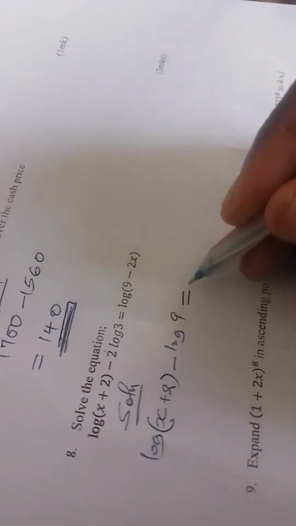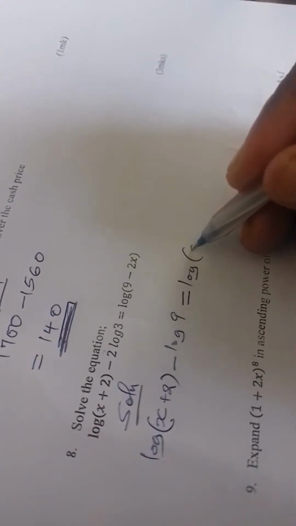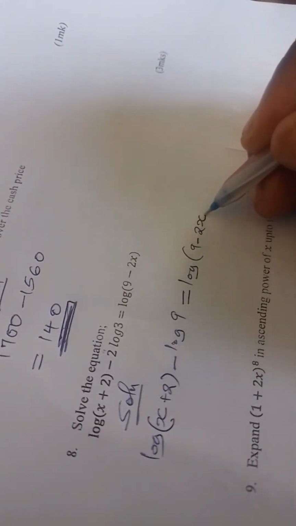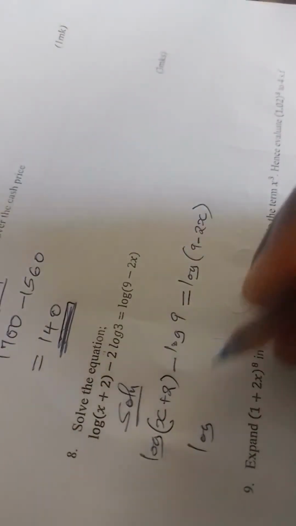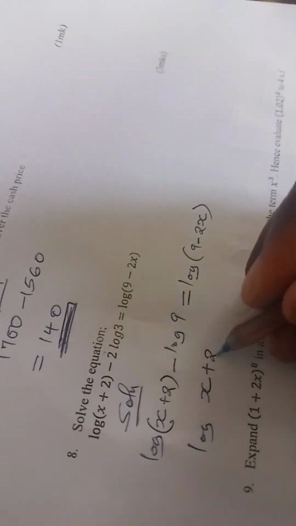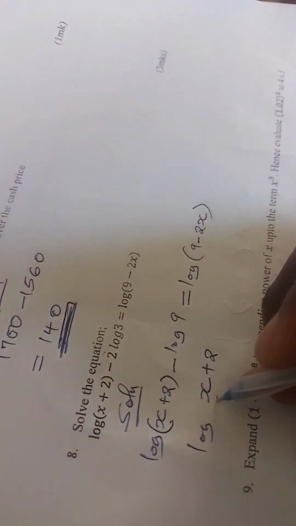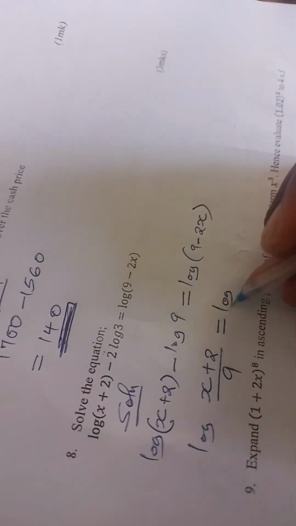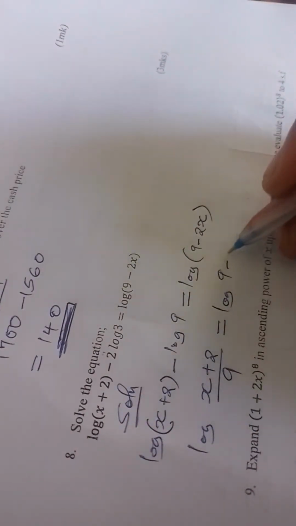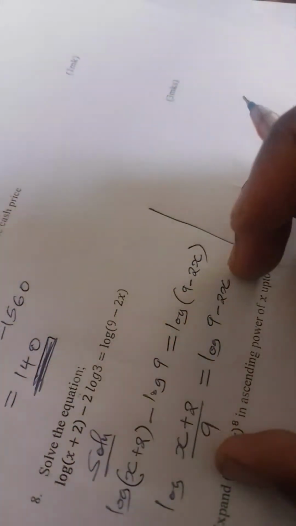Then this one is equal to log (9 minus 2x). So this one will be log of (x plus 2) over 9 is equal to log (9 minus 2x).